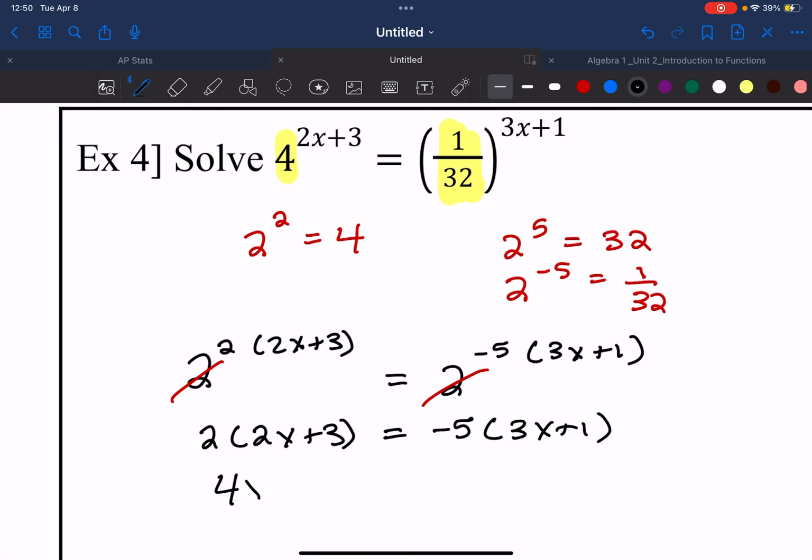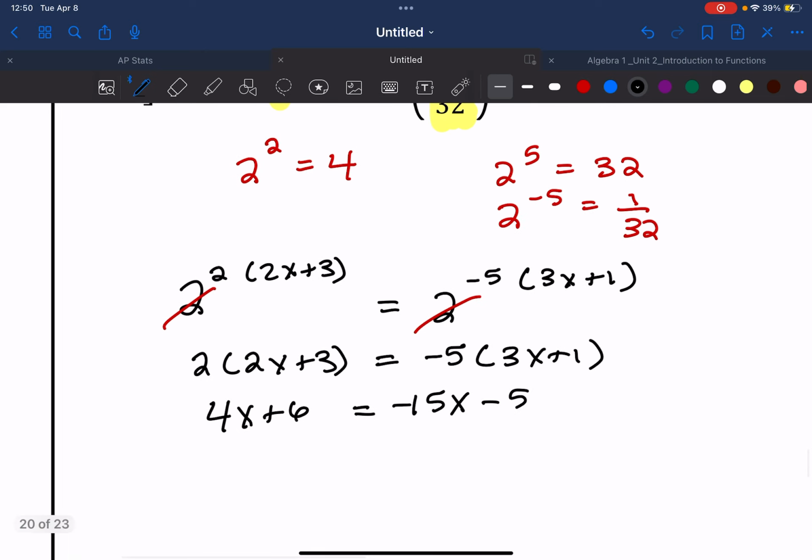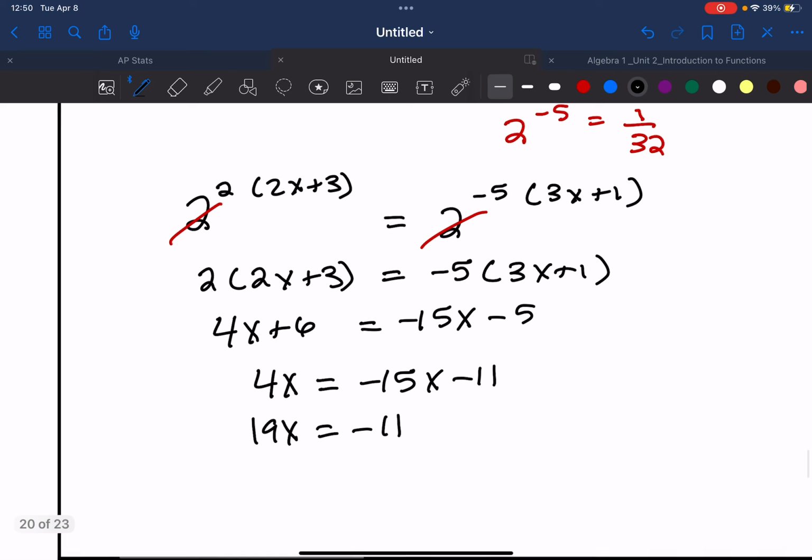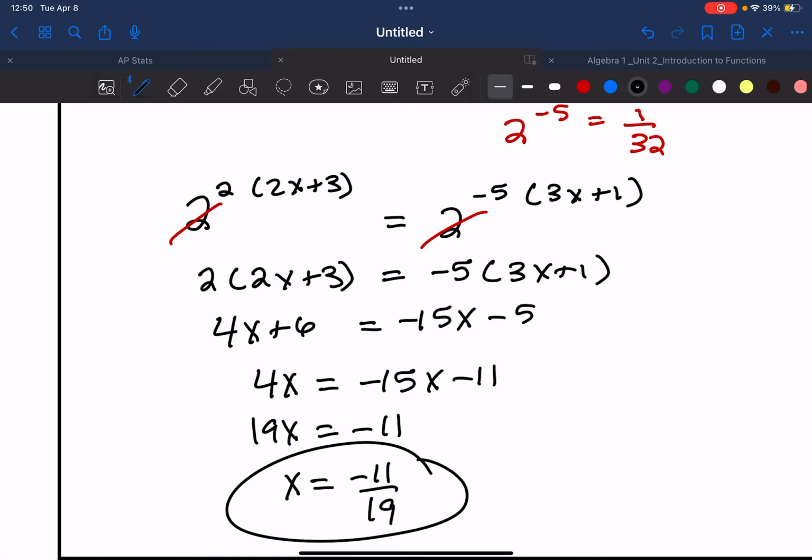So that's 4x plus 6 is equal to -15x minus 5. I can subtract the 6 over, so 4x is equal to -15x minus 11. And add the 15 over, so 19x is equal to -11. And divide by 19, x is equal to -11 over 19. That's my answer.